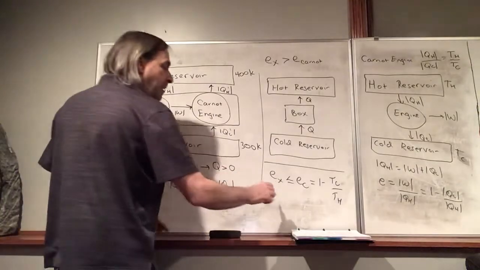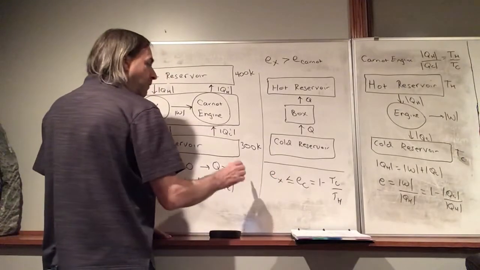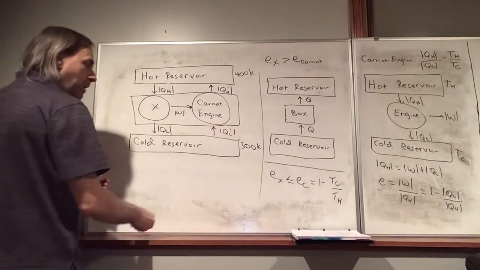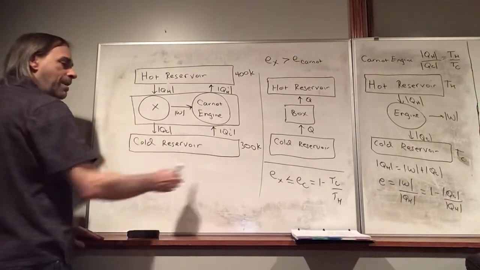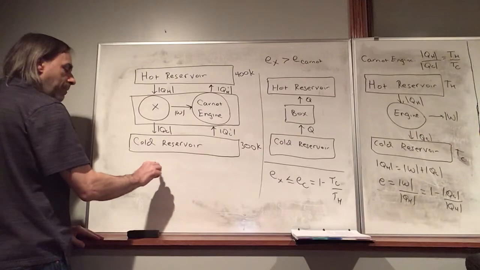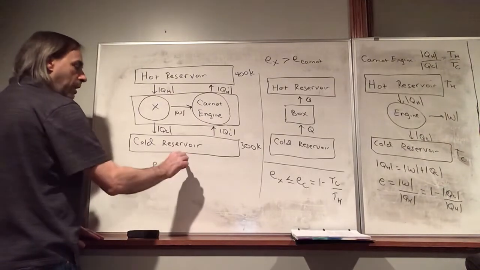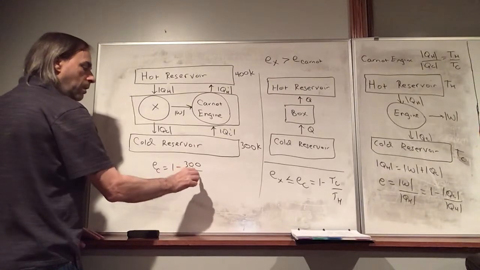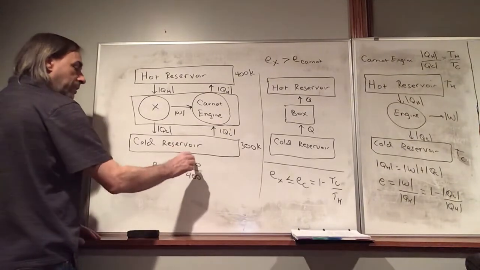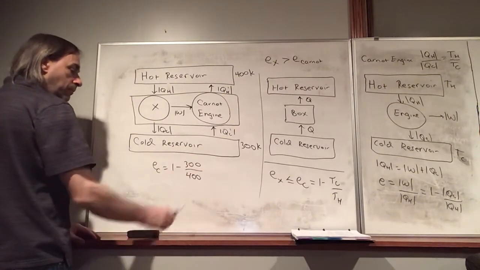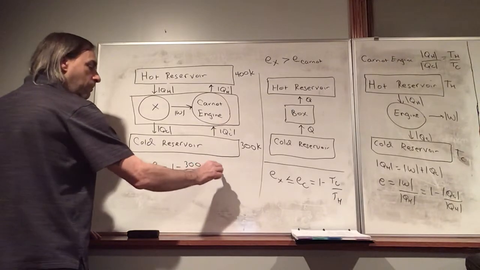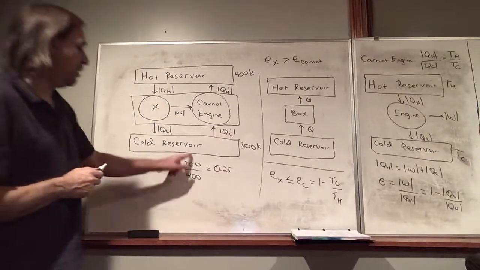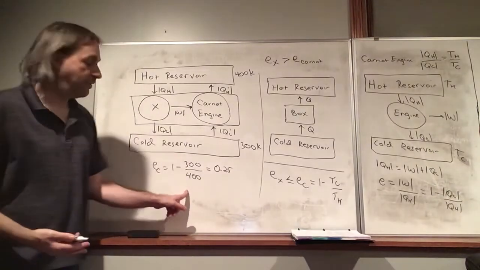And we can easily calculate the maximum possible efficiency. Let me just clear some room here. So a Carnot engine operating between these two temperatures would be 1 minus 300 over 400. They're both in Kelvin, that cancels out. That would be 25% efficiency. Yeah, 3 over 4 is 0.75.